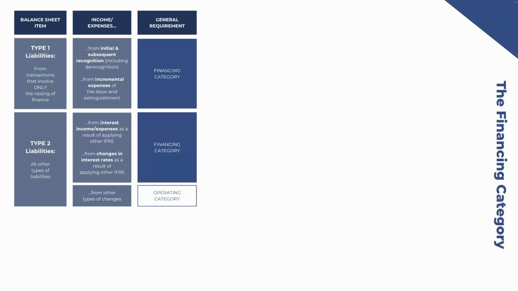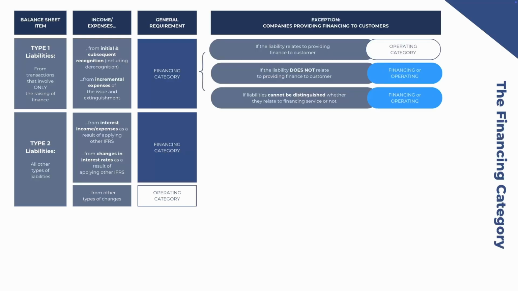So what are the different exceptions that we have? These exceptions apply if the company is actually providing financing to customers. However, if the company is providing financing to customers, it's still important for you to identify which are the type 1 liabilities and which are the type 2 liabilities, because there are special treatments for type 1 liabilities.